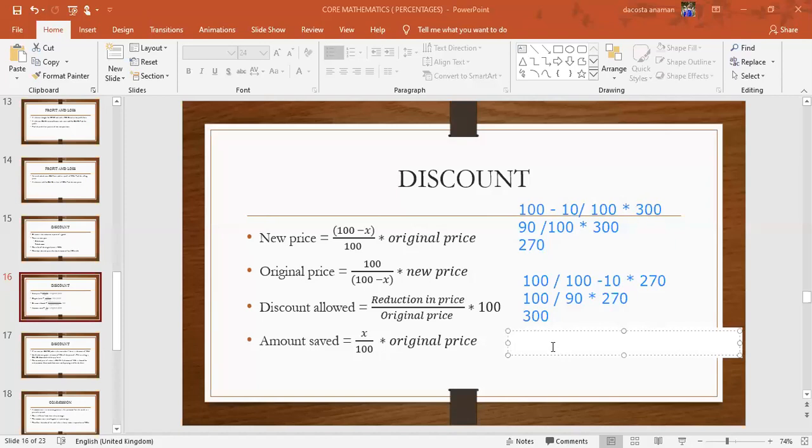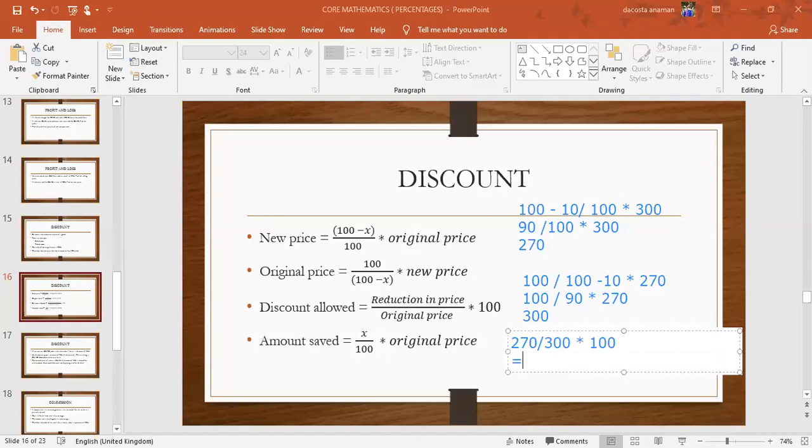Okay, so the next one, if we are being given the original and the new price, and you are being asked to find the discount allowed, you pick what? The original, the reduction in price. That's the new price. That's 270 Ghana cedis. Divided by the original price, which is 300. Multiply it by 100, and that will give us the discount allowed.